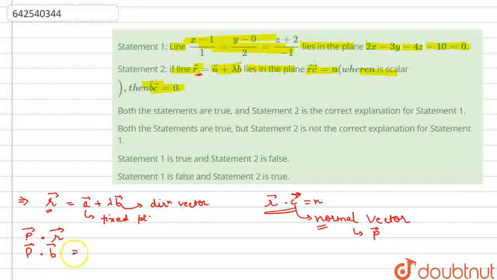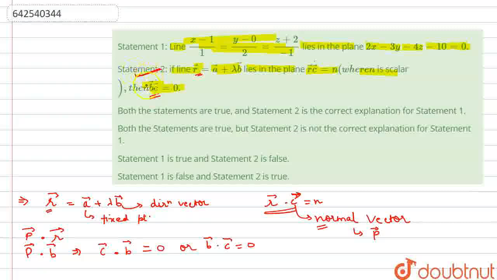Therefore in this case p vector is c vector, so c vector dot b vector must be equal to 0 because perpendicular vectors' dot product is 0. Or we can say b vector dot c vector is equal to 0, and this is what we are given. So statement 2 is correct.